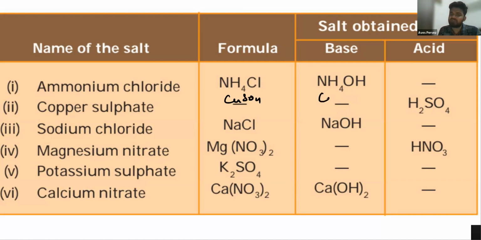But it can be copper oxide also, because metal oxides are basic in nature. So you can write Cu2O or CuO, copper oxide also. When copper oxide reacts with this, it will also give you the same thing, because it is also basic in nature.